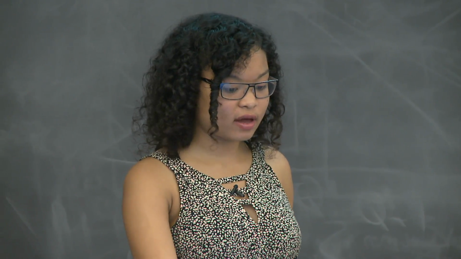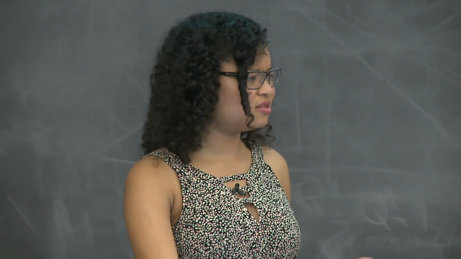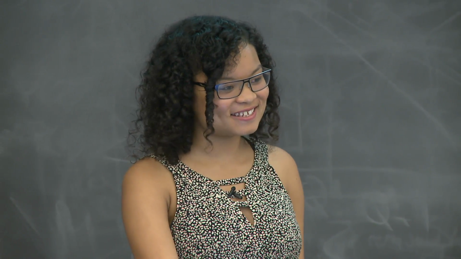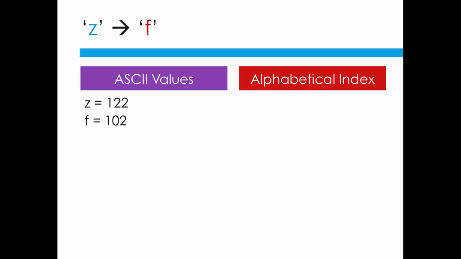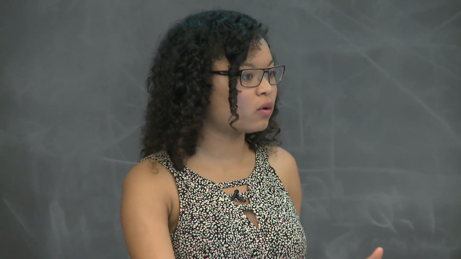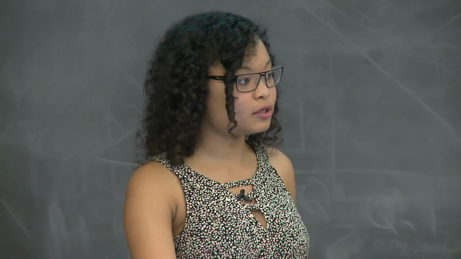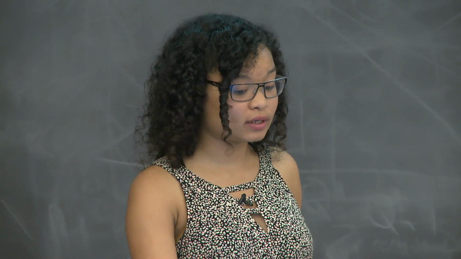So in ASCII values, Z is 122, and F is 102. So we have to find some way of making our Caesar formula give us 102 after taking in 122.